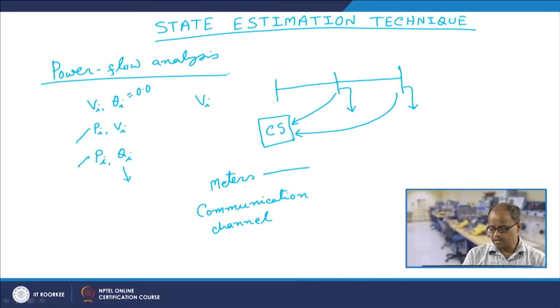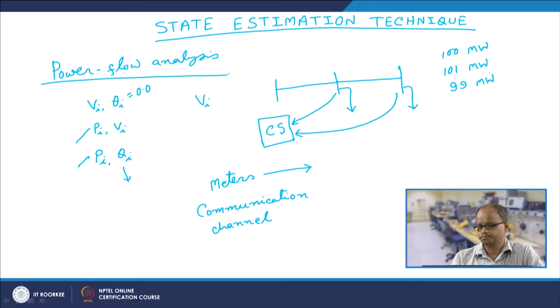When we take measurements from the meters, we need to remember that no meter in this world is absolutely accurate. Each and every meter has some inherent error. If the actual accurate value is, let us say, 100 megawatt at some bus, and this meter has just 1% error, then at some point of time it would be measuring 101 megawatt, or at some other point of time it would be measuring 99 megawatt.